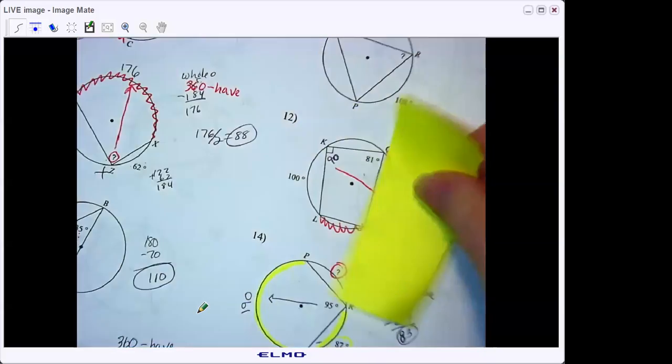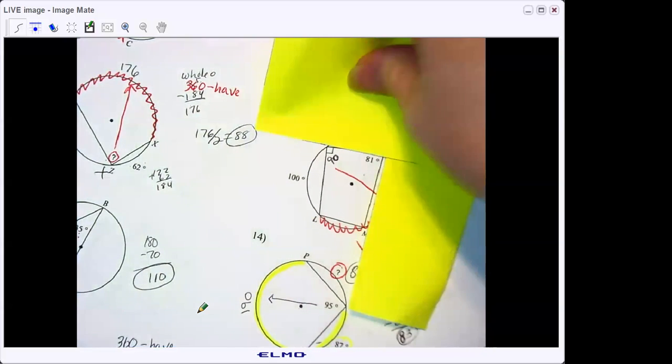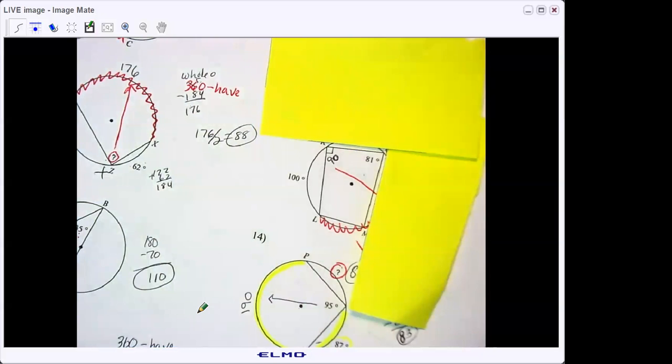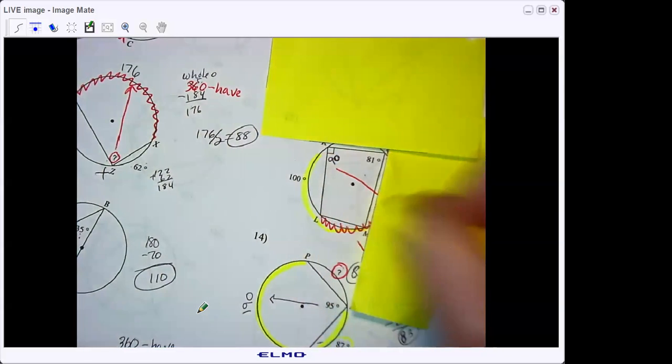We have this angle. Well, this angle, its matching arc is over here. So how big does that make that one?